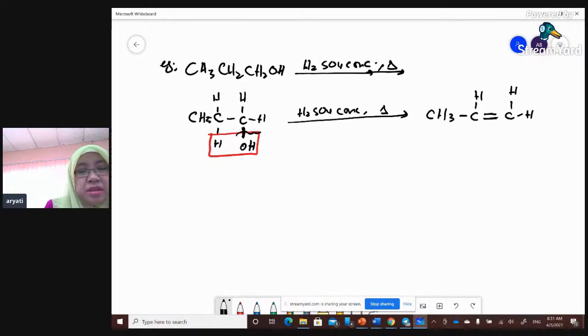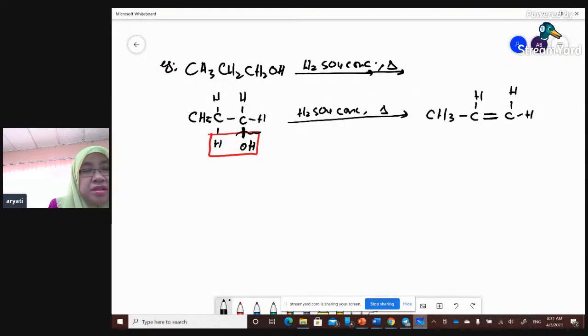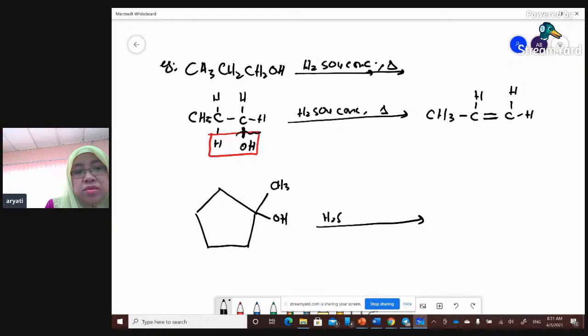The second example is this one. When reacted with H2SO4 concentrated and heat, so carbon, 1, 2, 3, 4. Okay. So carbon ni 1, 2, so ada CH2. So actually there are two possible structures of alkene that will form. Ni adalah CH3.